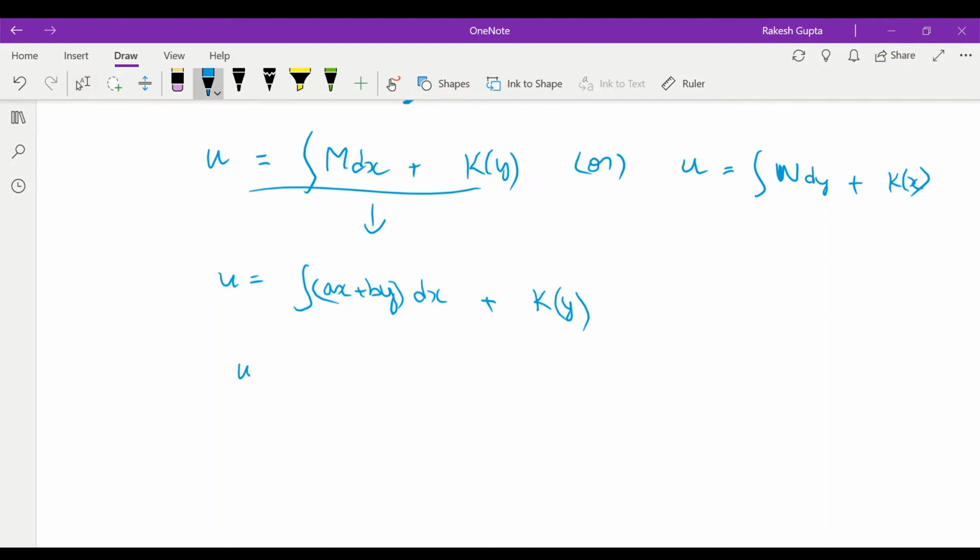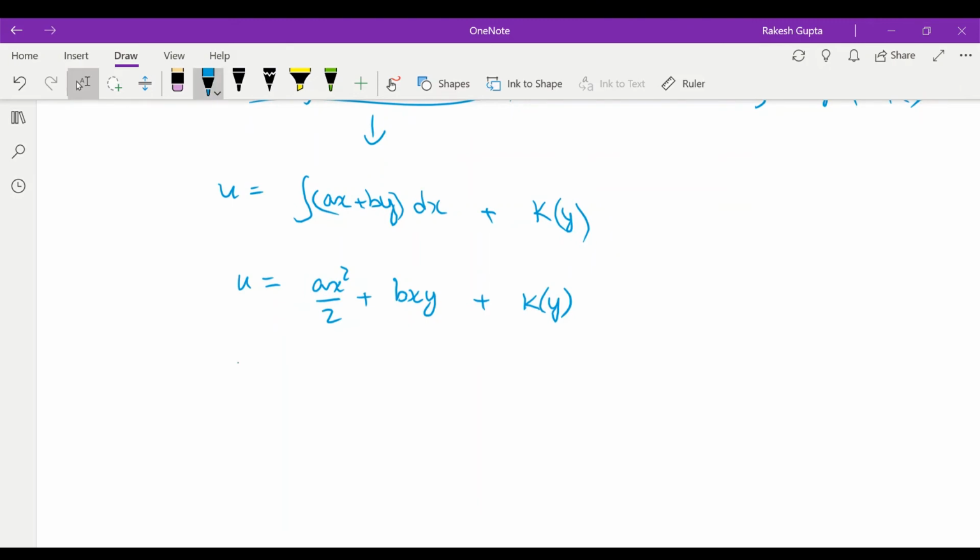Now integrating. Now we differentiate this entire equation with respect to y. So we'll get, now this term will be treated as a constant because there's no y term, so it will be 0, plus bx plus the differentiation of k of y.